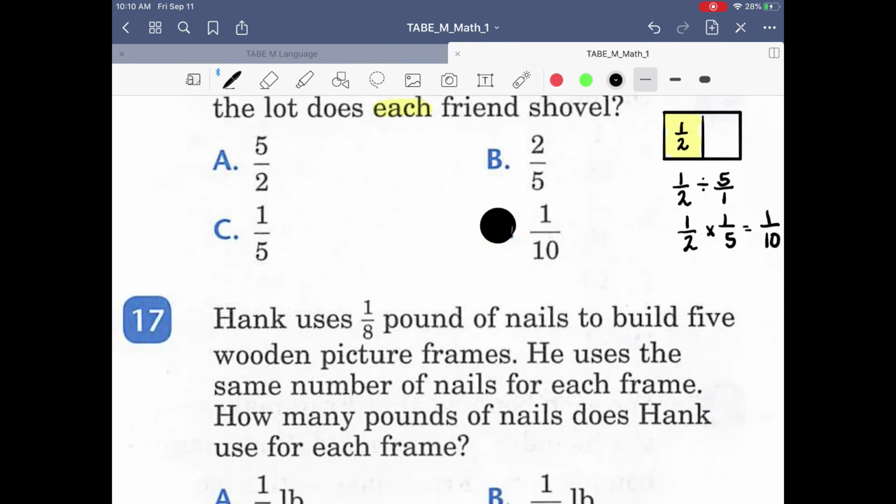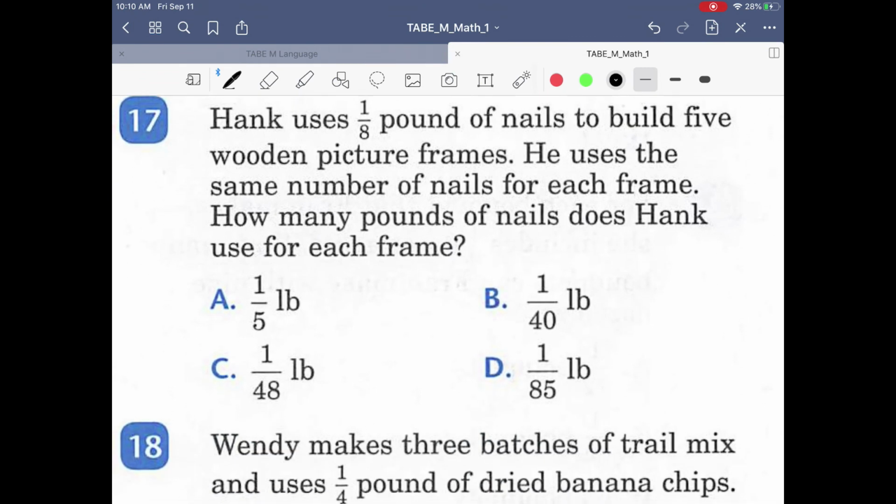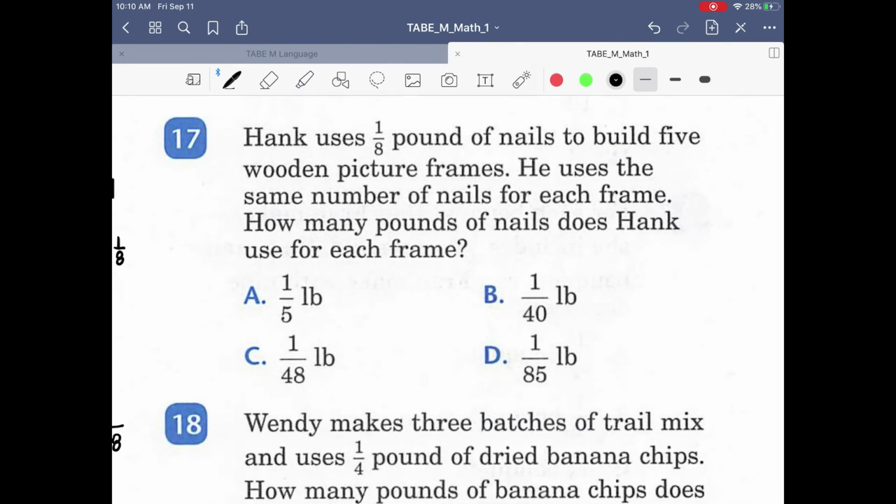Number 17. Hank uses 1/8 of a pound of nails to build 5 wooden picture frames. He uses the same number of nails for each frame. So there's an important word. Same number for each. That is signaling division. How many pounds of nails does Hank use for each frame?